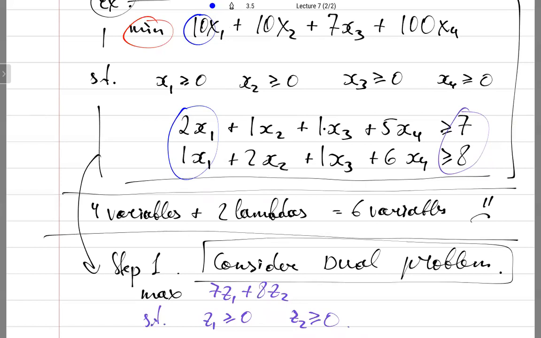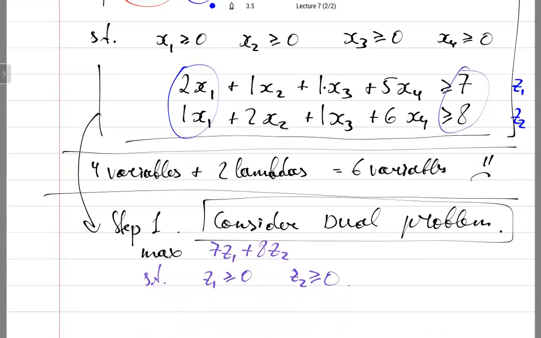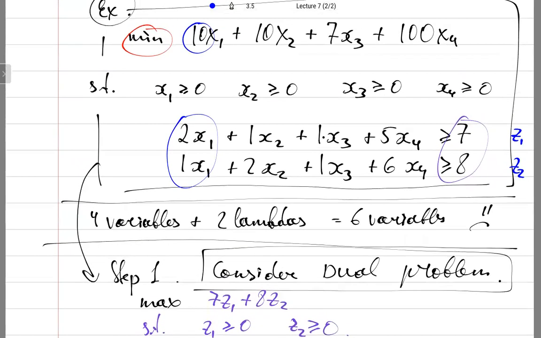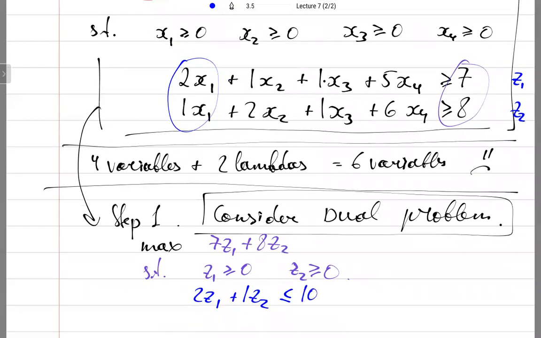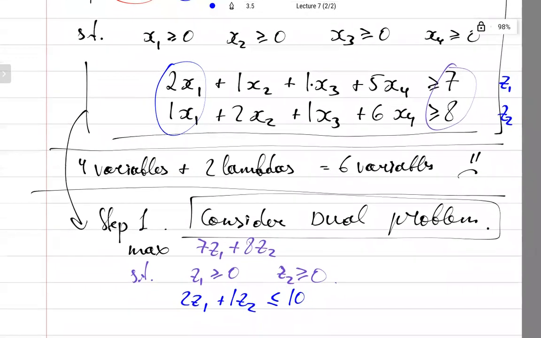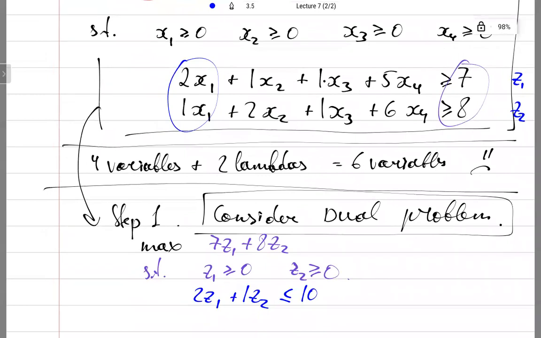Z1 will be the Lagrange multiplier for the first inequality, Z2 will be the Lagrange multiplier for the second inequality. And the first inequality will be 2Z1 plus 1Z2 is less than 10. Any questions here? No, it's okay.